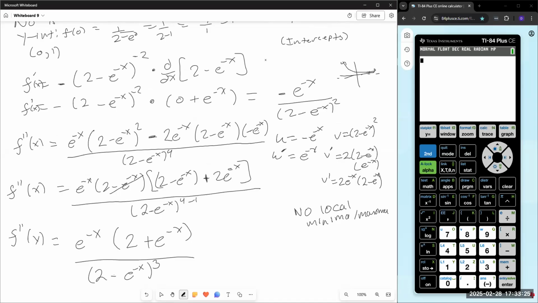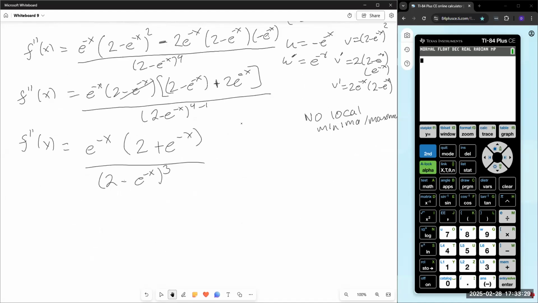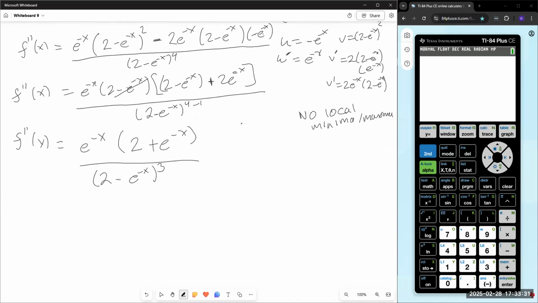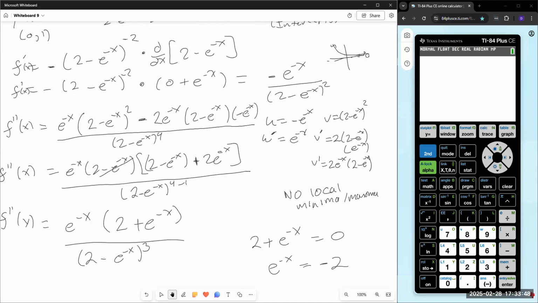For us to label, let's look for a point of inflection should it exist. So e to the negative x is never going to be equal to 0, but maybe 2 plus e to the negative x might equal 0. That would mean that e to the negative x is equal to negative 2. Well, that can't happen. I just showed you the graph, and that graph approaches 0 from the top.